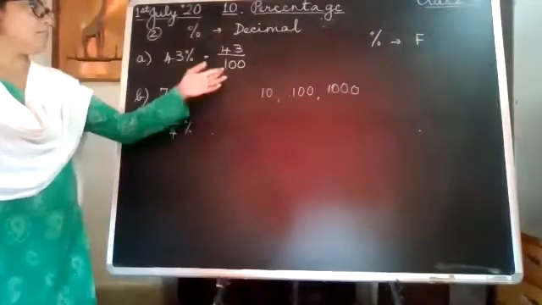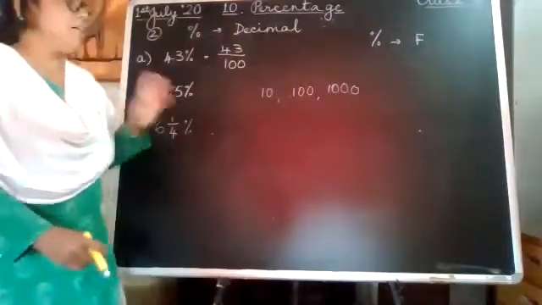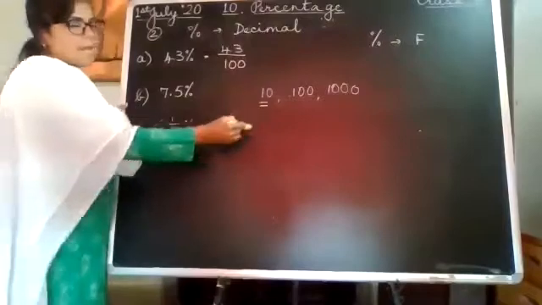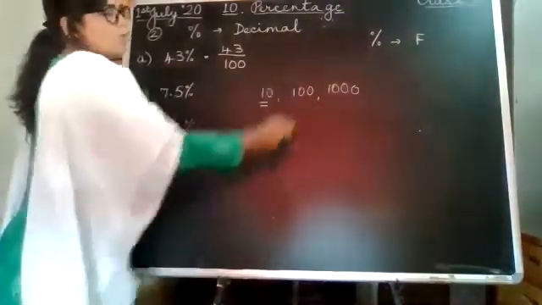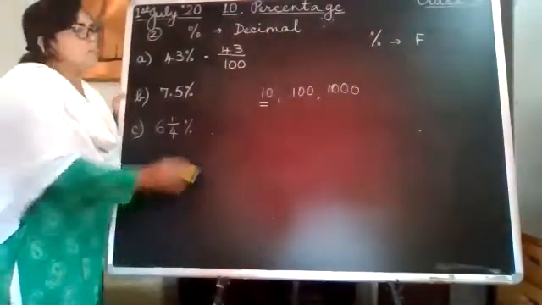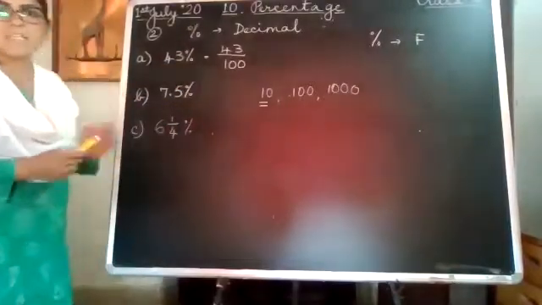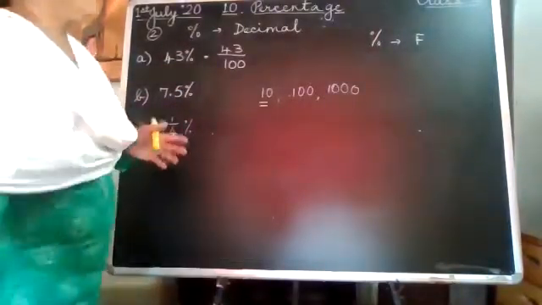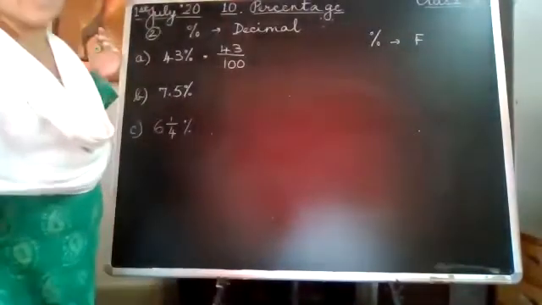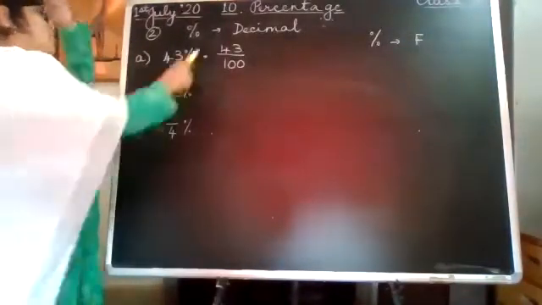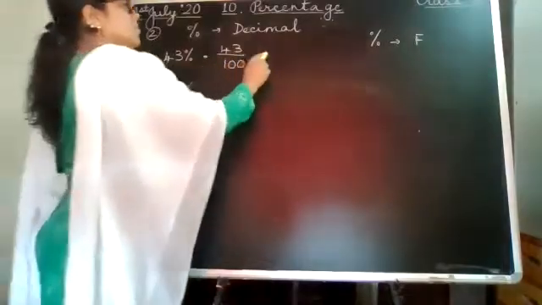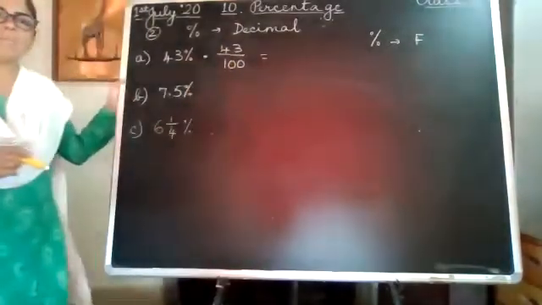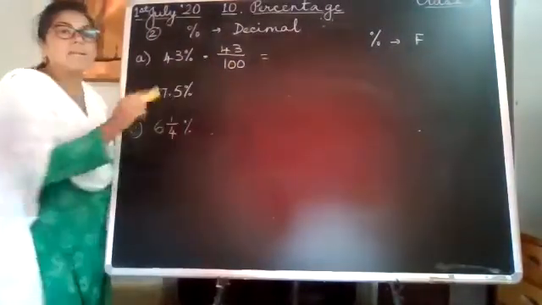If the denominators are 10 or powers of 10, then you can very easily write it as a decimal number. We have learned this when we did decimals. Now 43 upon 100, if this has to be written as a decimal number, means 43 hundredths.